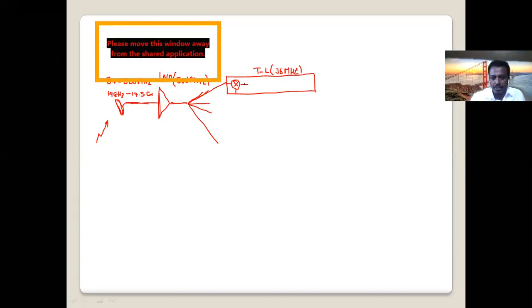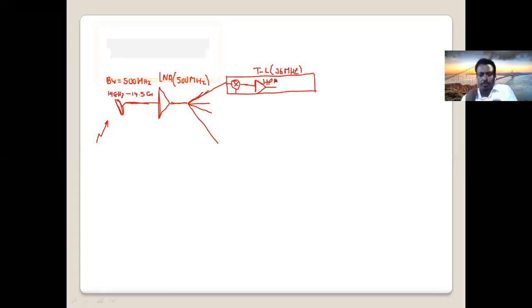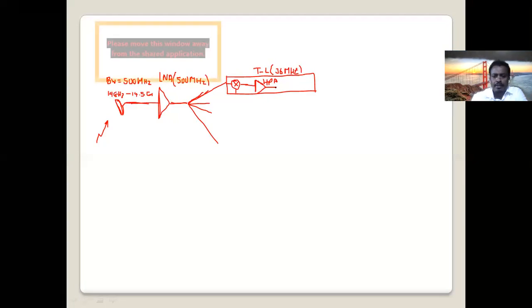The next device we may have is a high power amplifier, a TWT, traveling wave tube. I will explain TWT later. This high power amplifier only amplifies the 36 megahertz carrier.